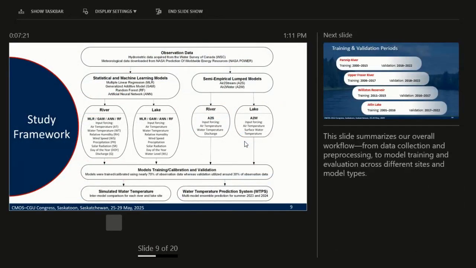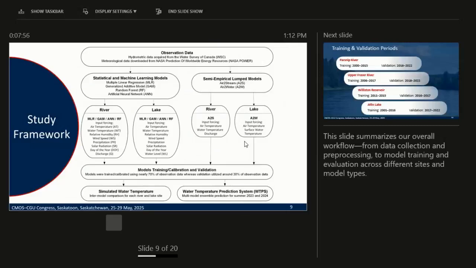So here is the study framework, where we got the hydrometric data, especially water level, water temperature, and discharge, from Water Survey of Canada. And for meteorological data, we use NASA POWER, which is an online platform, freely accessible. For the statistical and machine learning models, we use some potential inputs, which are air temperature, water temperature, relative humidity, wind speed, precipitation, solar radiation, day of the year to take care of seasonality, and also discharge for rivers.